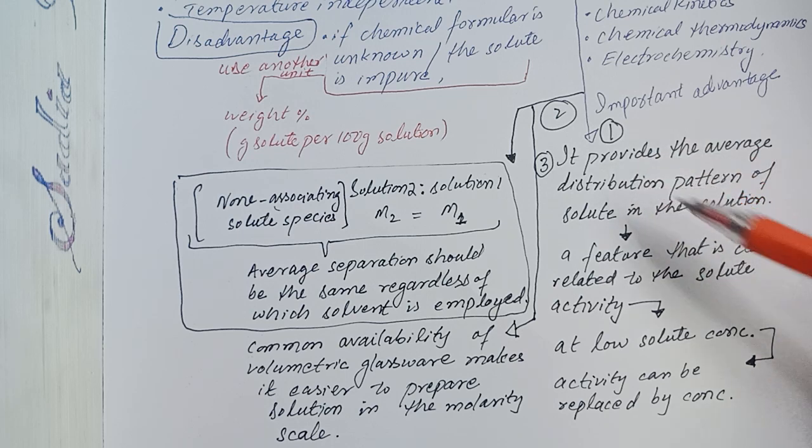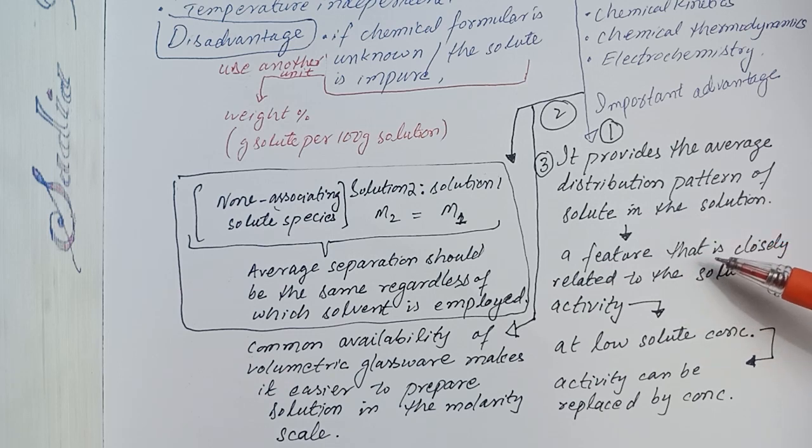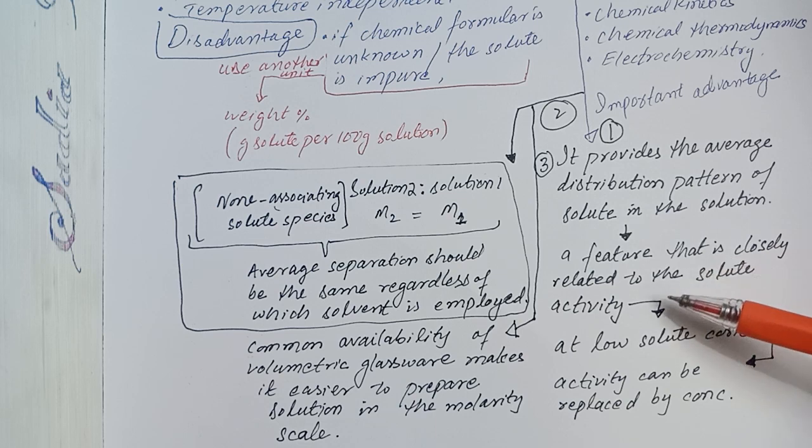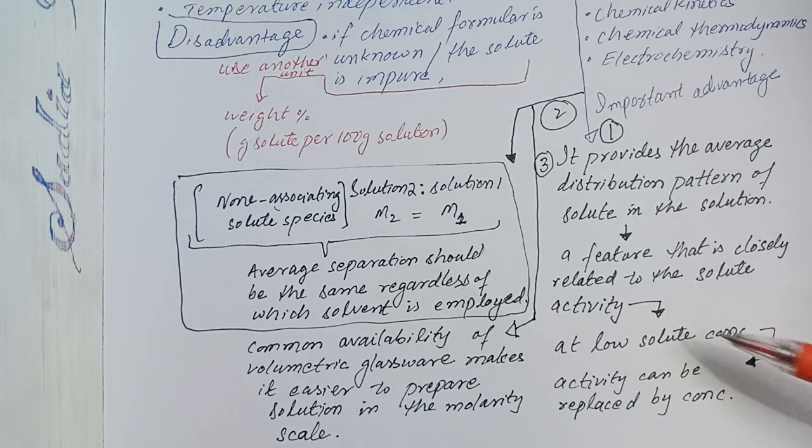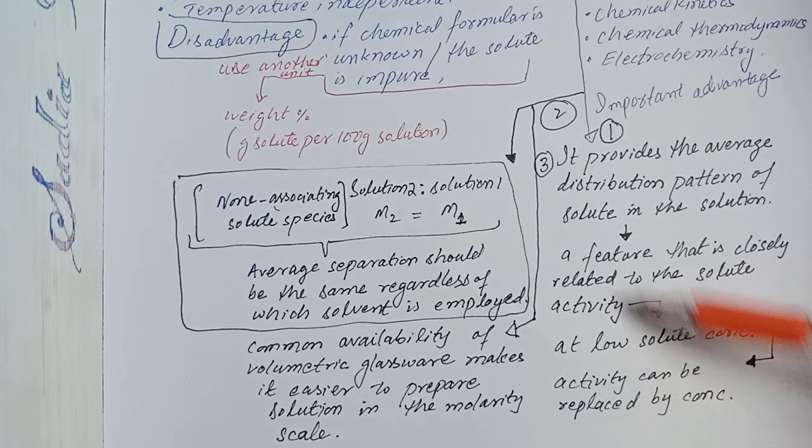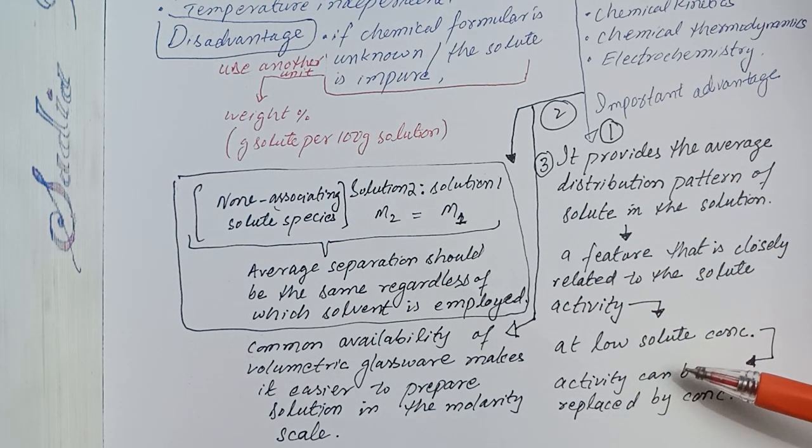The first is that it provides the average distribution pattern of solute in the solution, useful for describing a feature closely related to the solute activity, and at very low concentration this activity can be expressed in terms of concentration, that is the molarity.